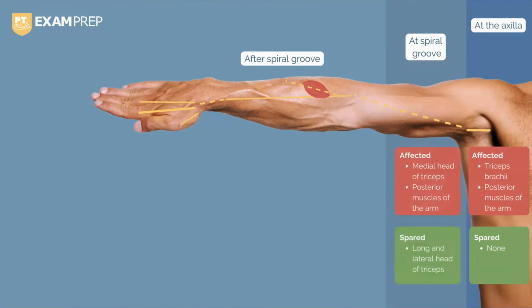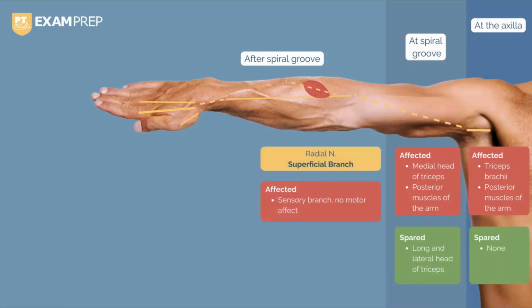I'm using the terms radial and spiral interchangeably, but it is before that. So the big thing here is the muscles of the posterior forearm are affected. The patient is unable to extend at the wrist and fingers, but we do have spared long and lateral heads of the triceps, right? Because they are innervated before the level of the spiral groove, so they're still there, okay?